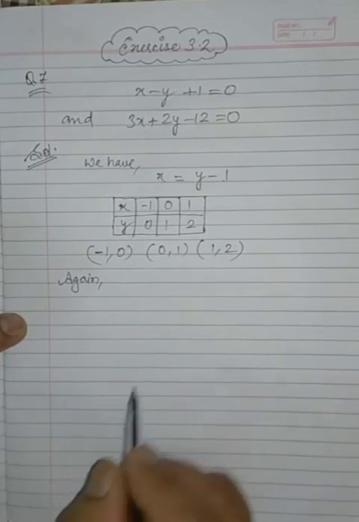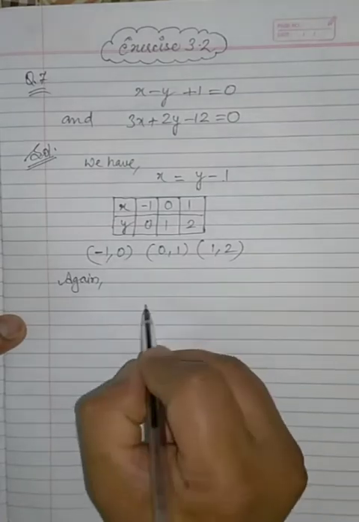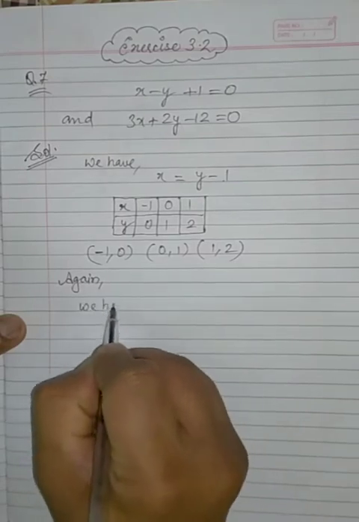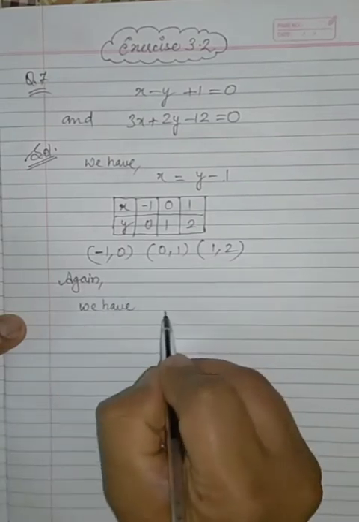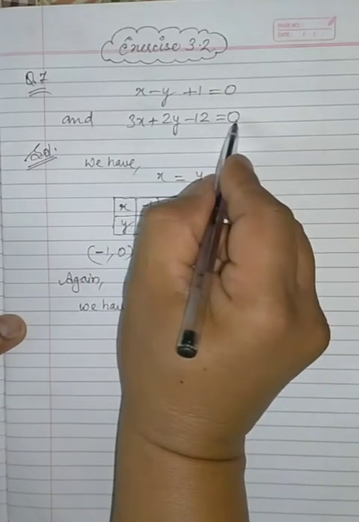Again, in the same way, this time we will use this equation to find the corresponding values of x and y. This time we have 3x plus 2y minus 12 equal to 0.